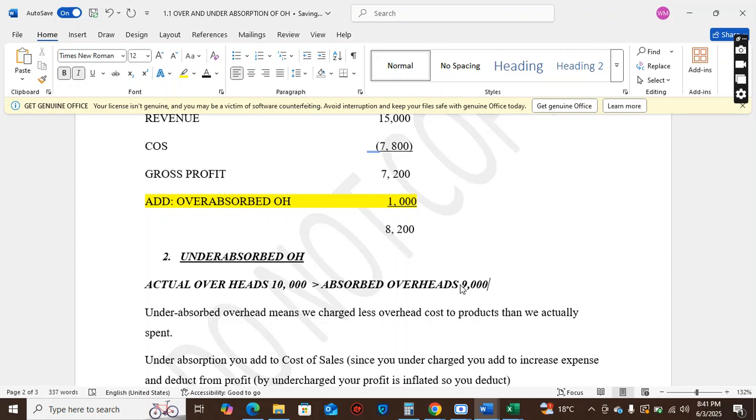So it means here we've under absorbed by 1,000. Any questions?